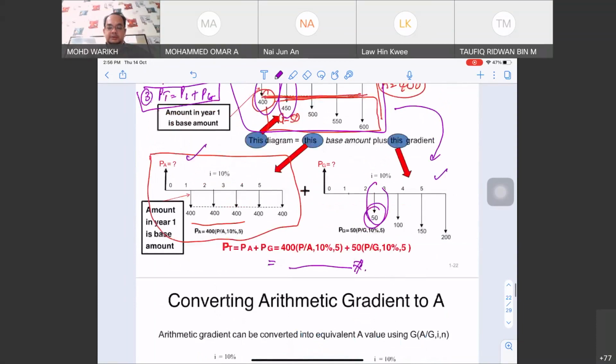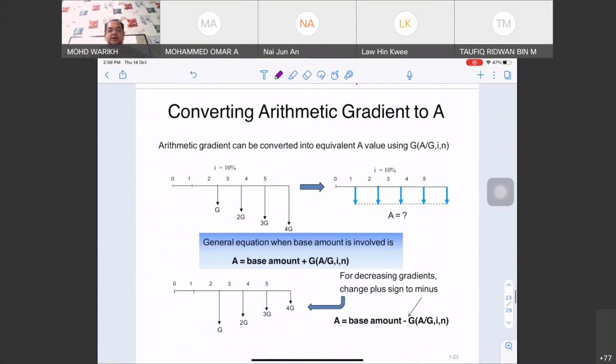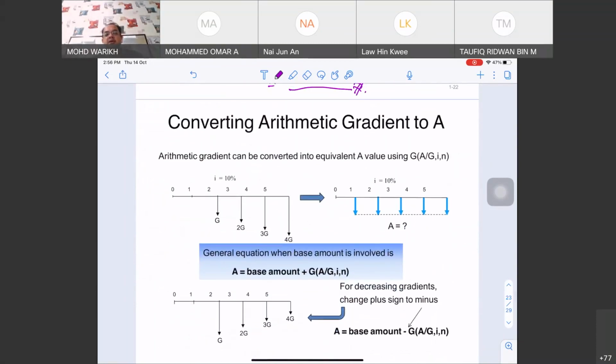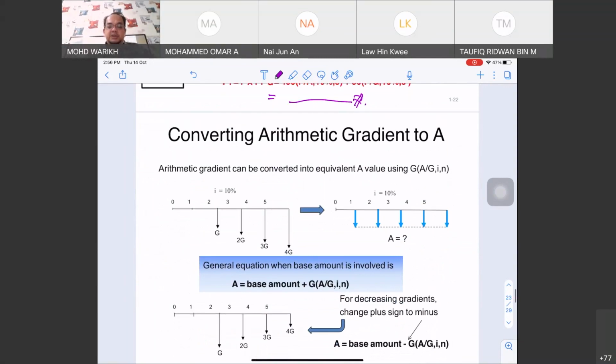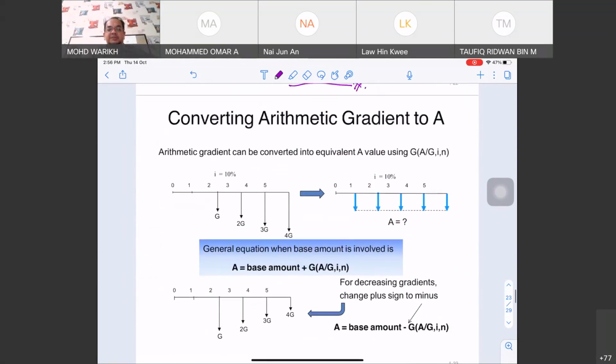Next, a tricky question. Because we know that in the arithmetic gradient, we add a gradient every year, that means a uniform 50 ringgit, for example from year 1 until year 5.